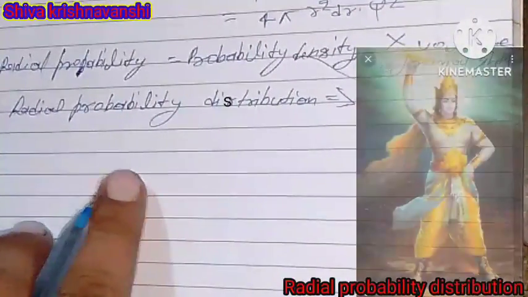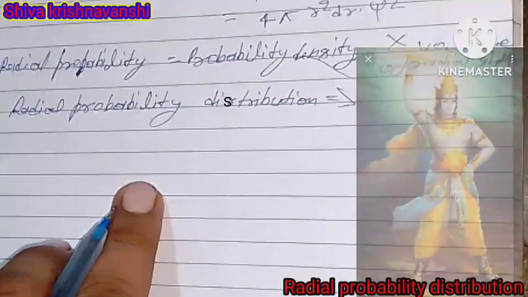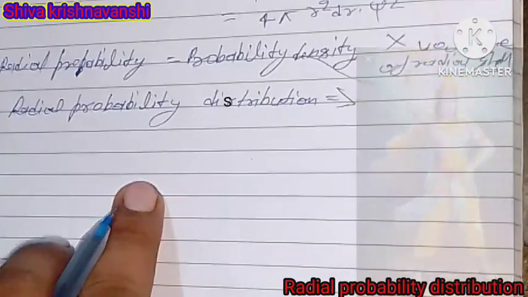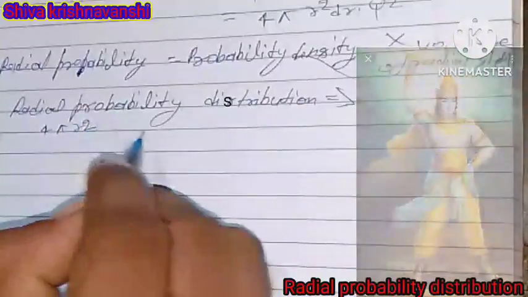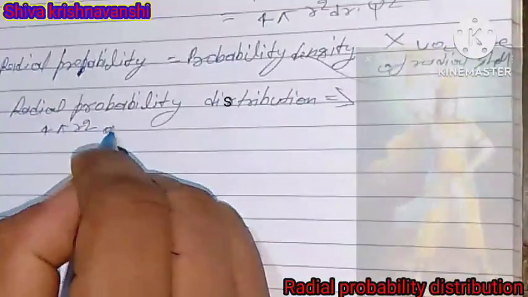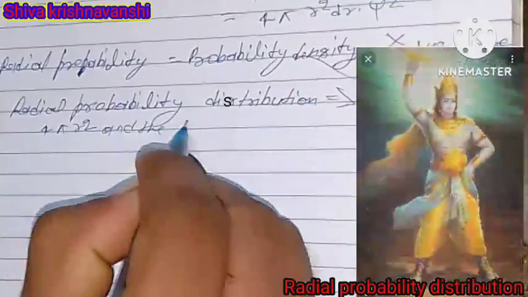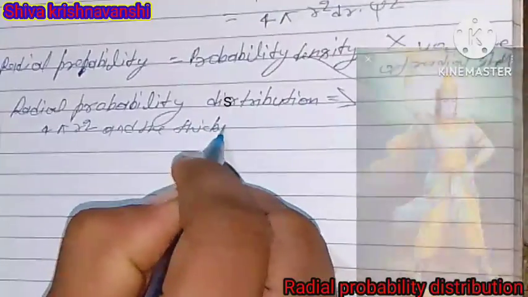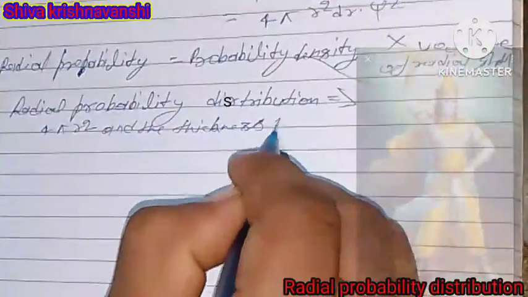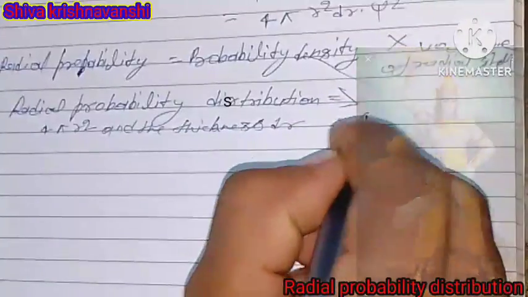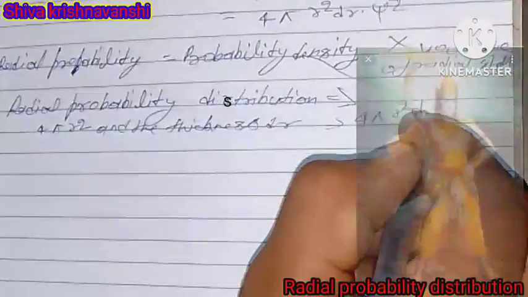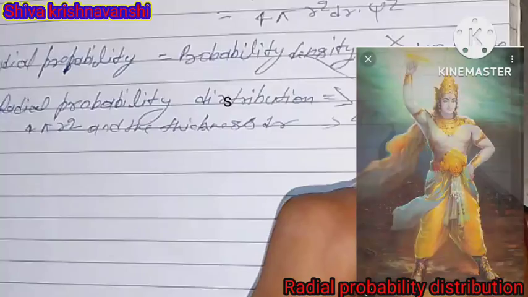The probability of finding an electron in a given region of area 4 pi r square and thickness dr is given by 4 pi r square dr.